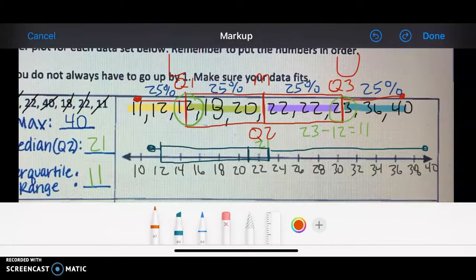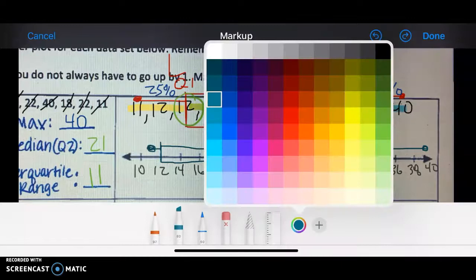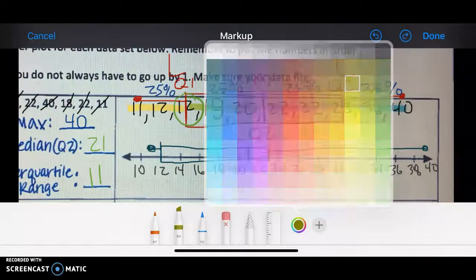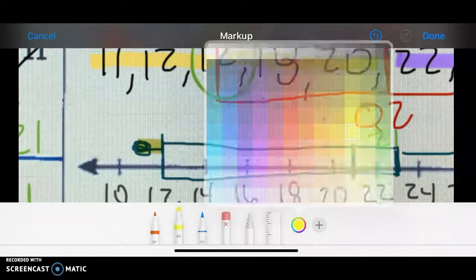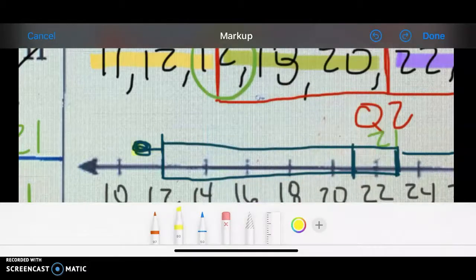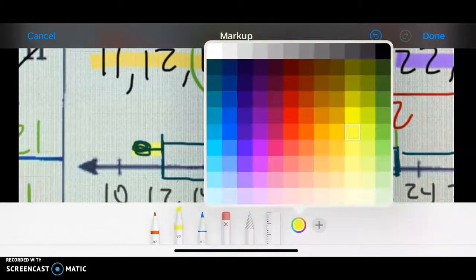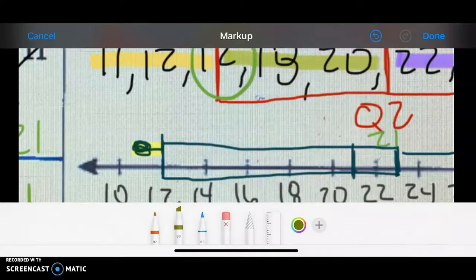But don't forget, every little part in that box plot is worth 25%. So let me see if I can get the same colors. This little part right here is 25%. This large part right here is 25%.